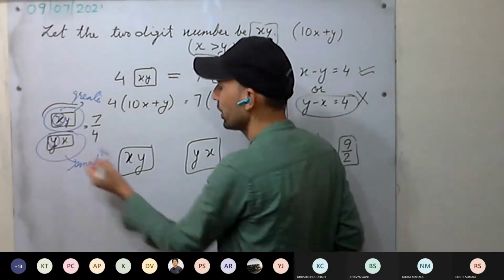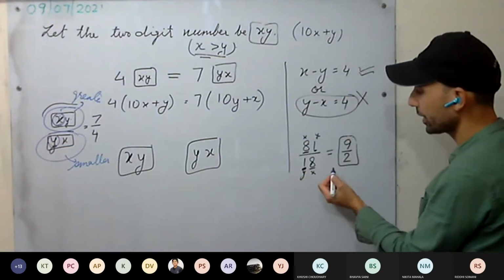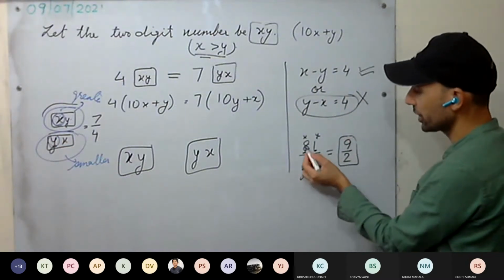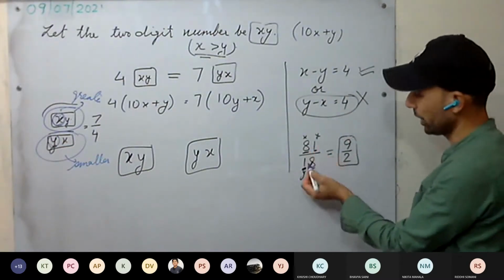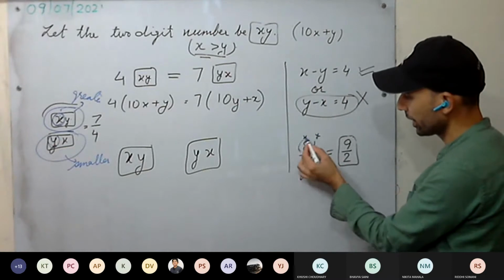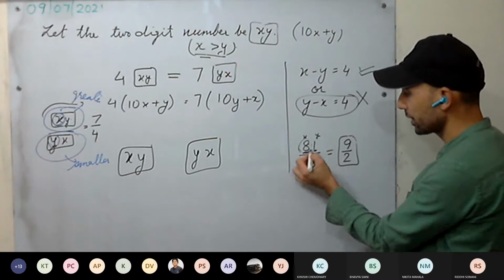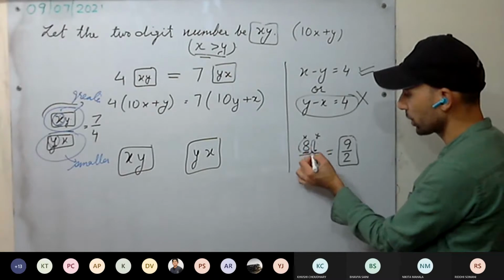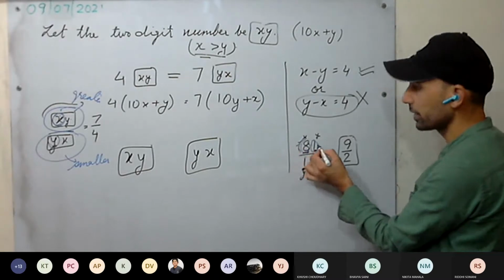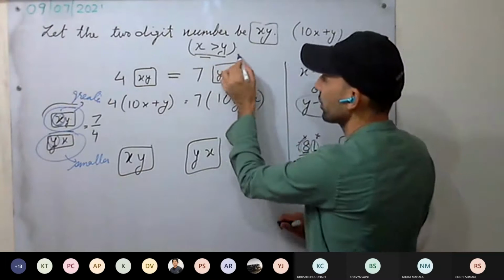You understood this one? So you can see 81 divided by 18. This number is formed by interchanging the digits of the original number. It means the tens digit is more than in this number. This is more than this, it means x is greater than y.